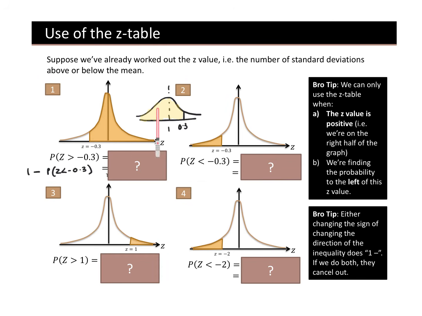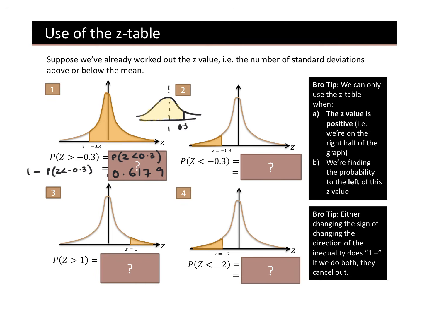Okay? Because they're symmetrical. So all we're going to do now is when it's a negative, we can actually just say we want to find the probability of z being less than 0.3 because it's symmetrical about mu, which is our mean. So I'm going to look at my table, 0.3, which is 0.6179. Perfect.